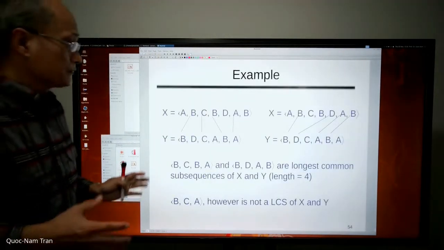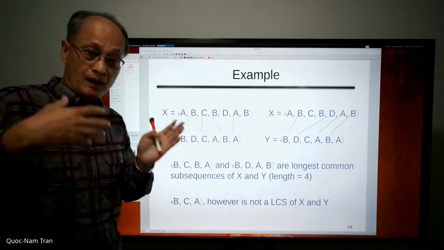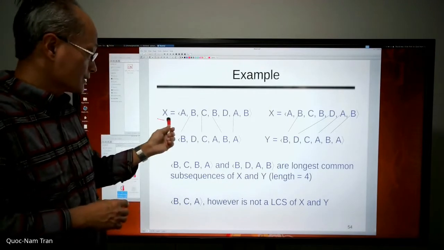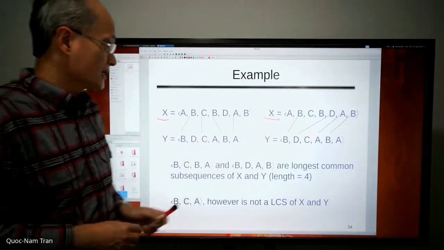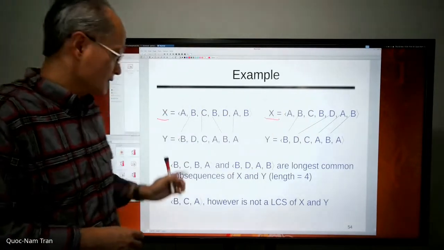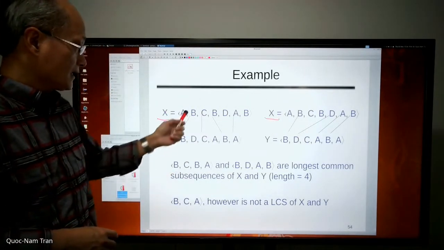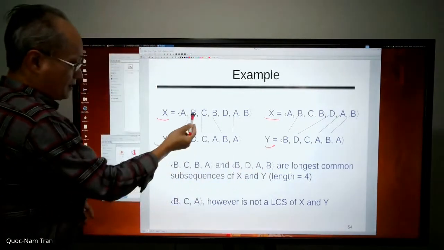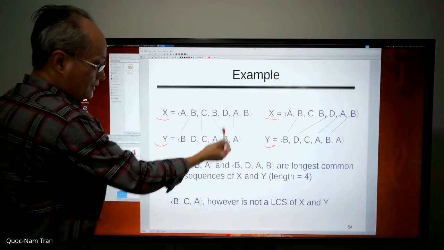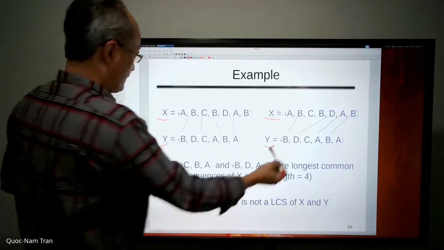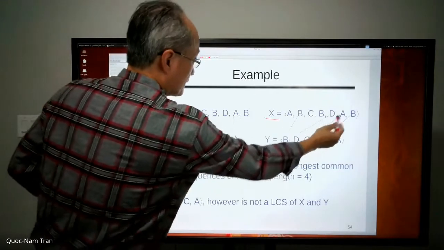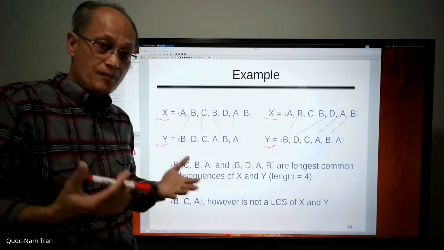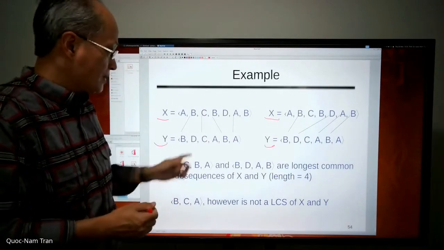And then we want to find the longest subsequence in common of the two strings. So if you have two strings, in this situation, we can have here B, C, B, A, or we can have here B, D, A, B. So those are the two common subsequences that have the same length of 4.